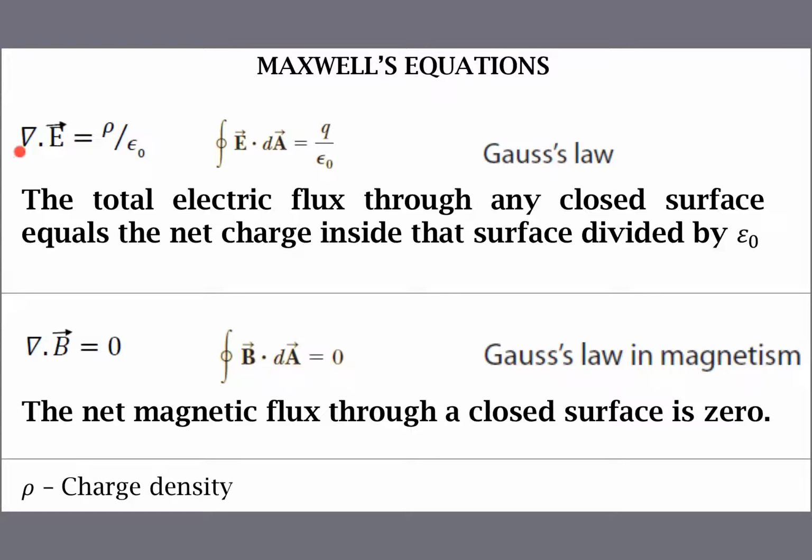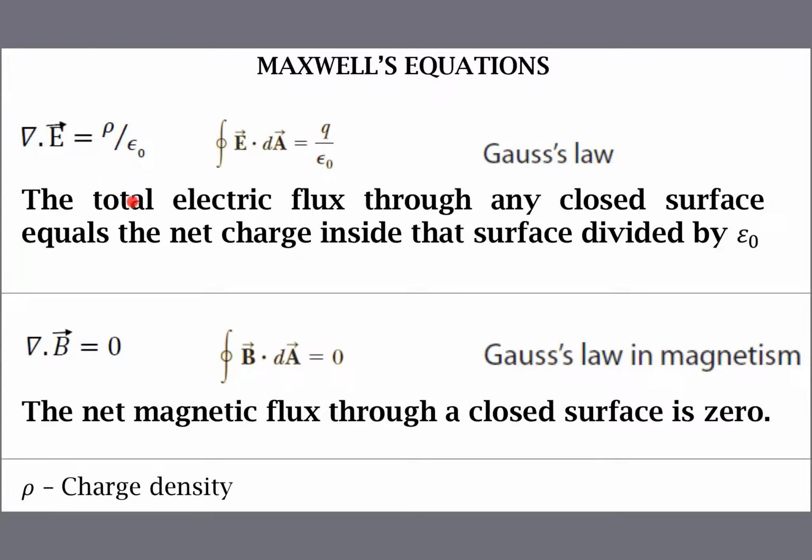This is saying that the divergence of the electric field is equal to the ratio of the charge density to the permittivity.